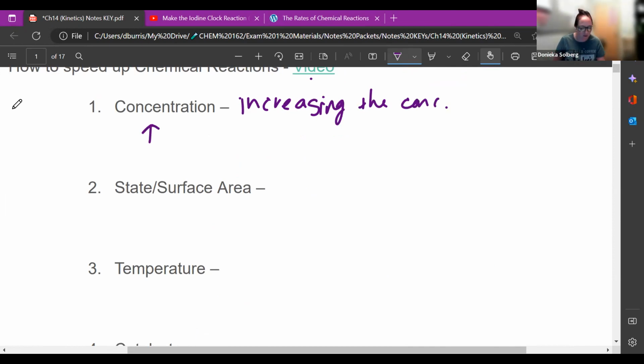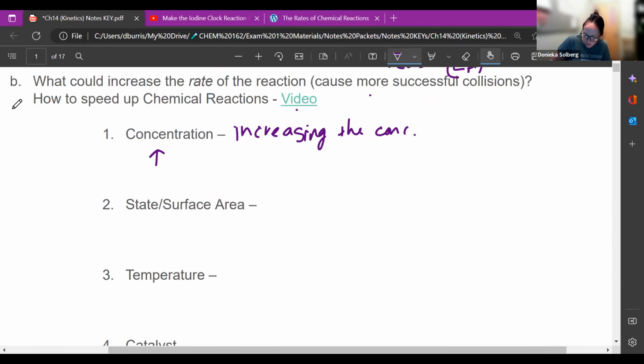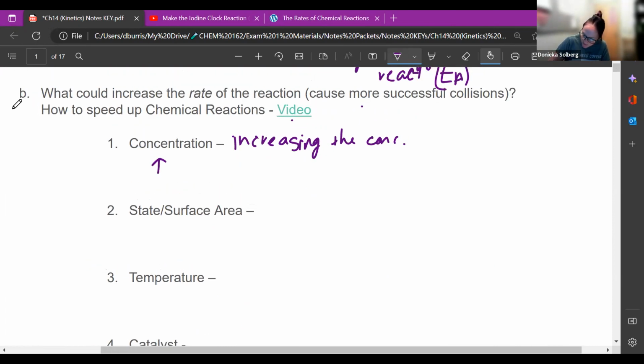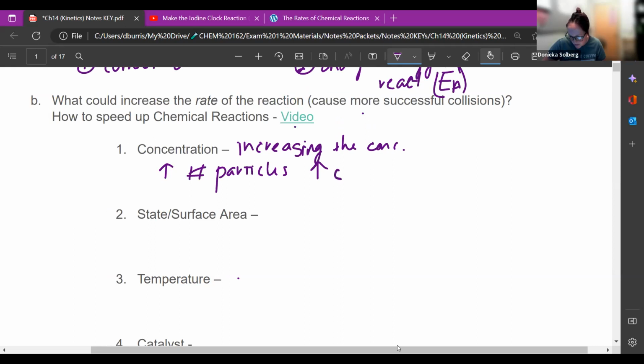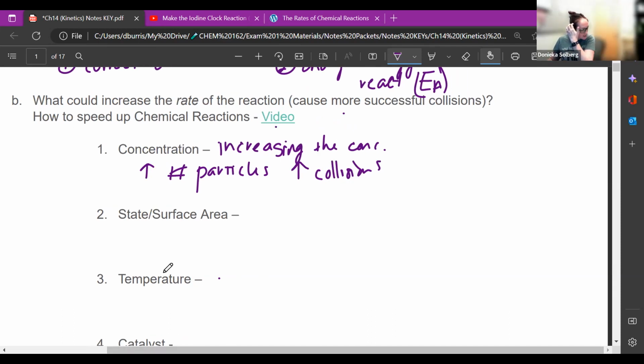So I'm just going to use up arrows for increasing the number of particles, which essentially leads to more collisions. Okay, so increased collisions.